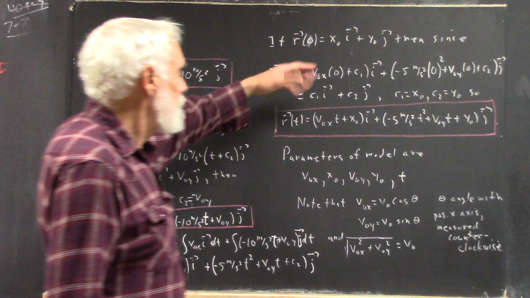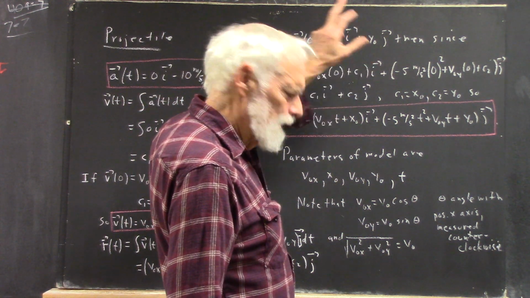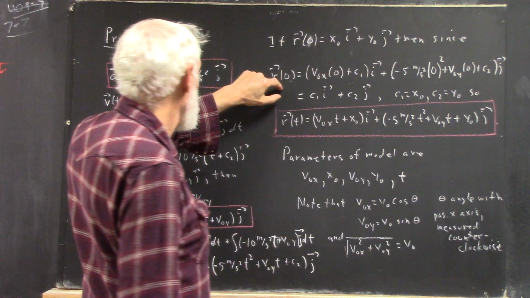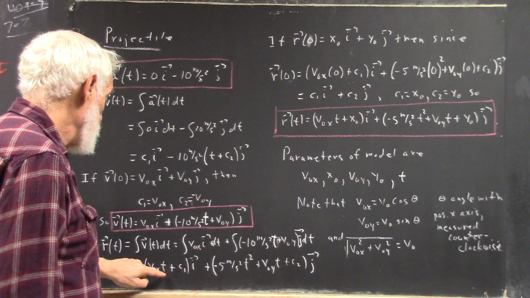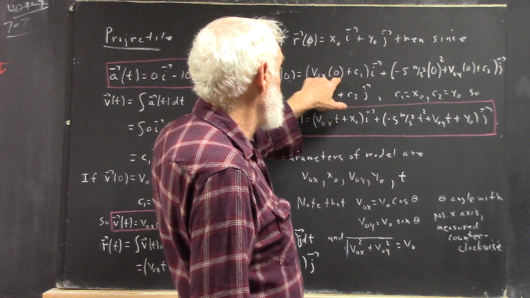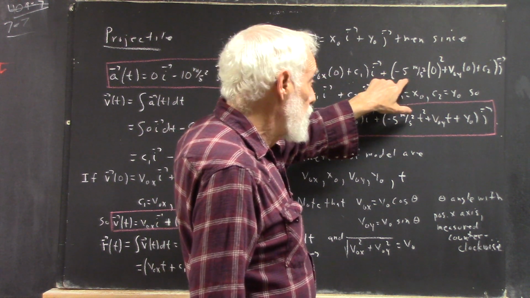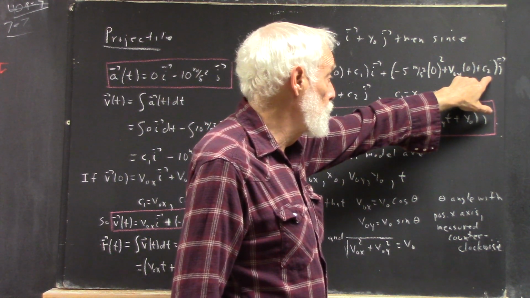Now, some details. If R of 0 is x naught I plus y naught J, then since R of 0, according to this, is what we get when we put zeros in for t, well, it's V naught x times 0 plus C1, and the negative 5 meters per second squared times 0 squared plus V0y times 0 plus C2.